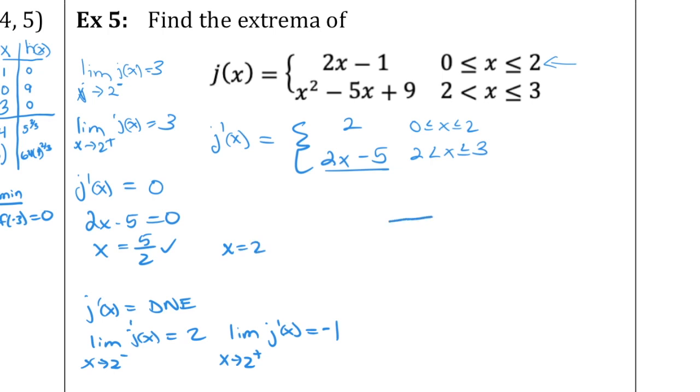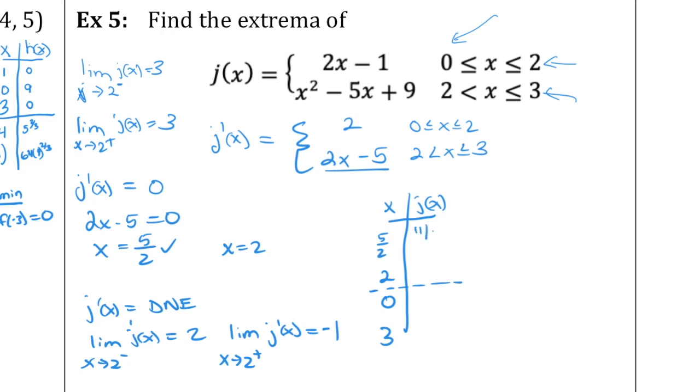So applying extreme value theorem, place your values in a table. The critical numbers that we include are going to be 5 over 2, 2, and now the endpoints. The endpoints we get from the piecewise function. We know we're starting at 0 and we're ending at 3. Do your substitution.